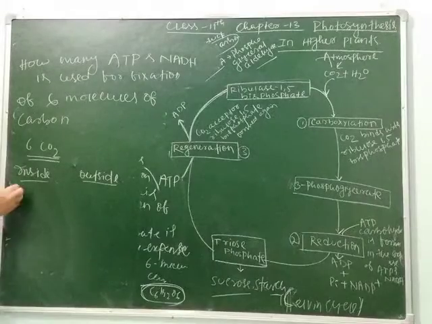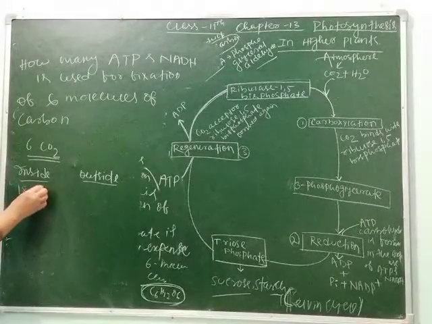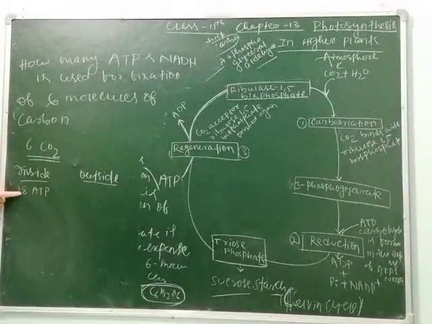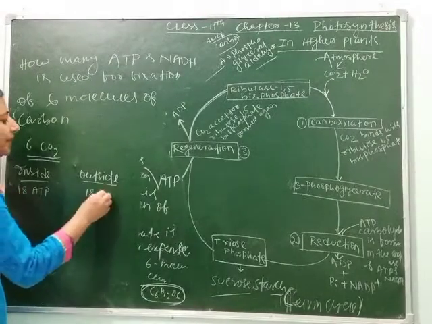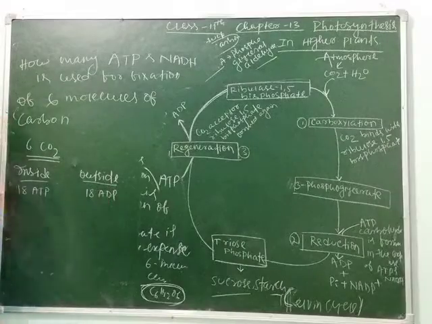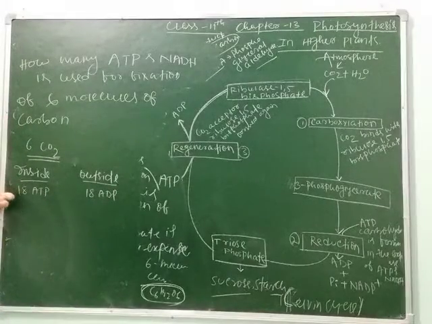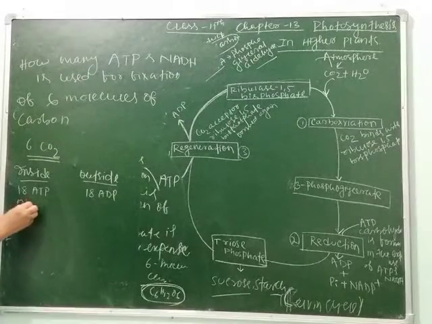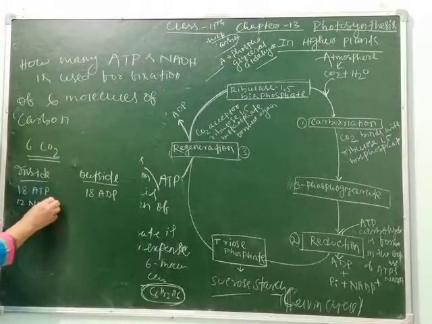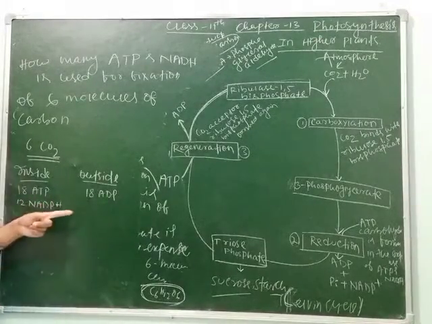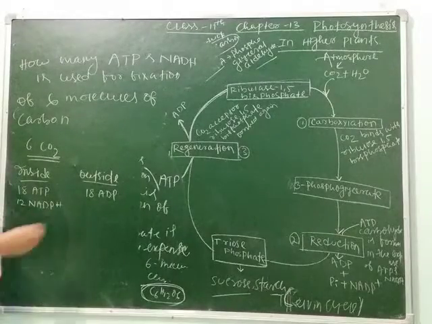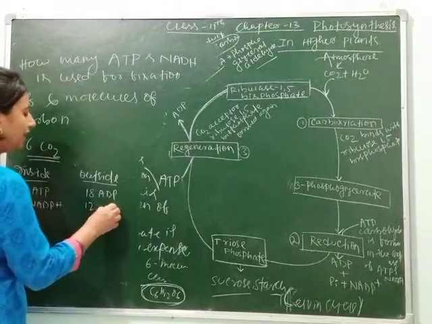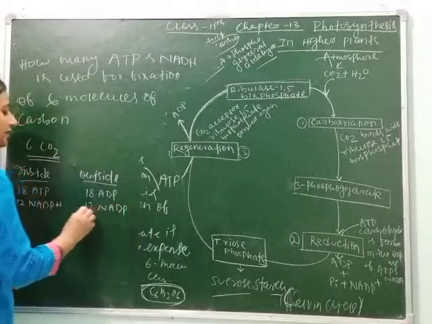So here 18 ATP for 6 molecules, and 18 ADP, meaning adenosine diphosphate is released and adenosine triphosphate is used, and 12 NADPH, giving 12 NADP.